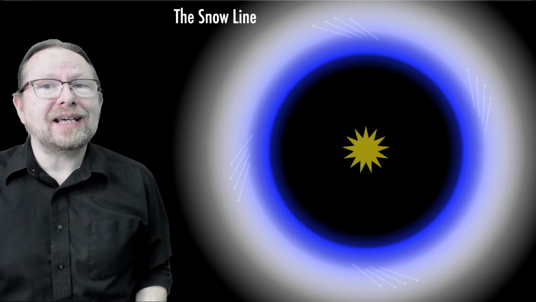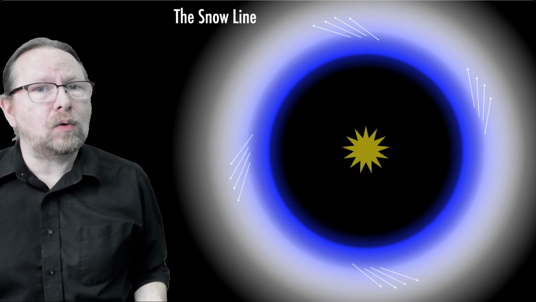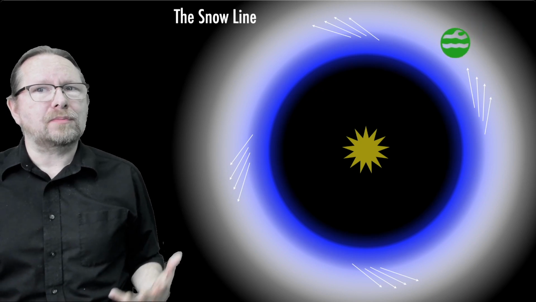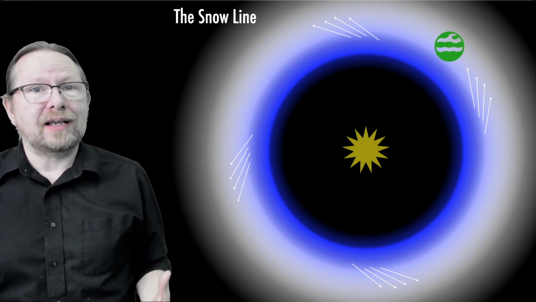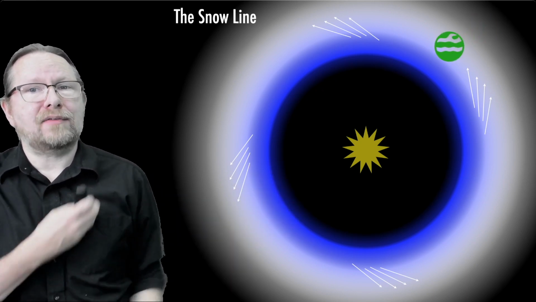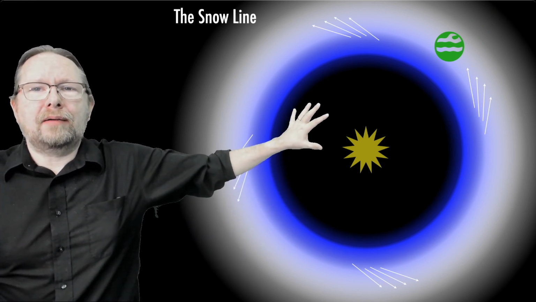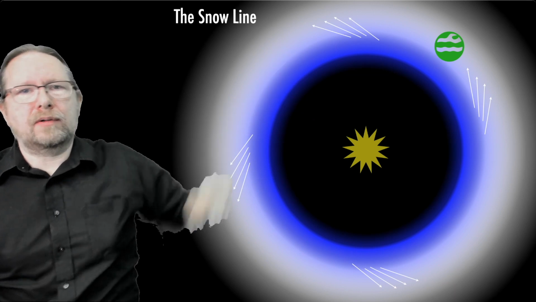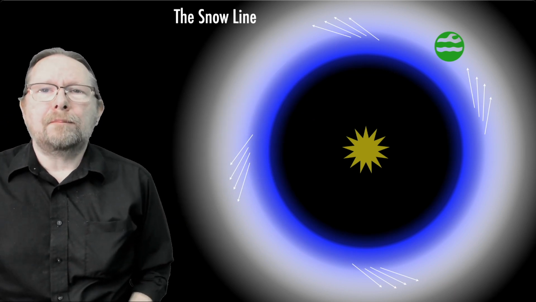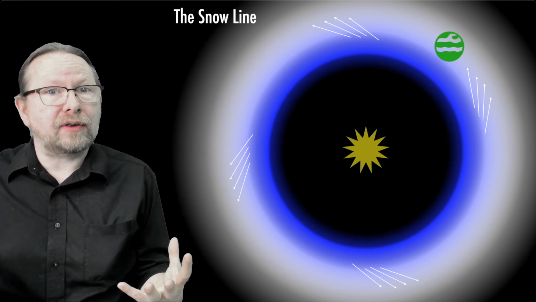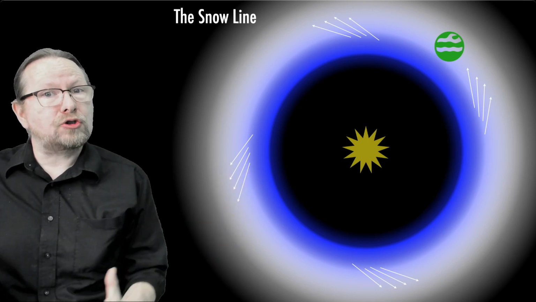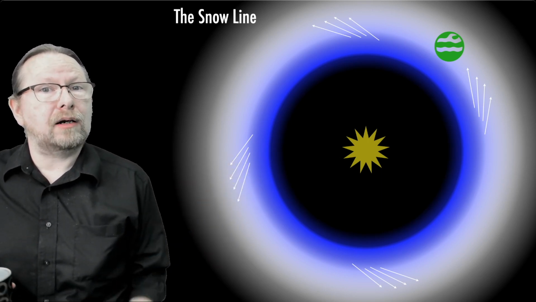That happens to be almost exactly where in our solar system Jupiter is. Jupiter is located just outside of this imaginary line called the snow line, where gases and volatiles give way to ice crystals. And the denser material there in the snow line may be what allowed Jupiter to grow bigger and bigger and bigger.